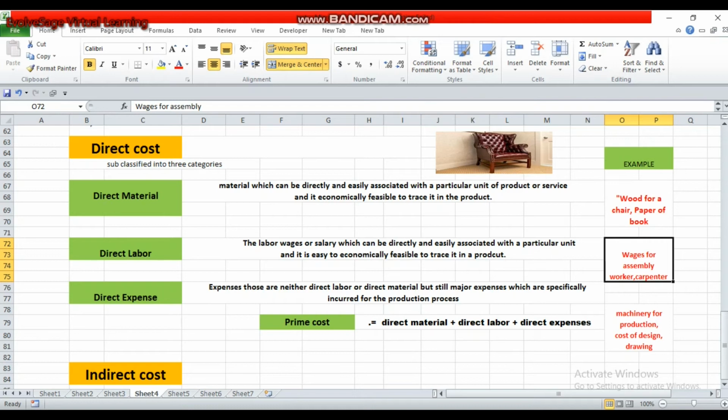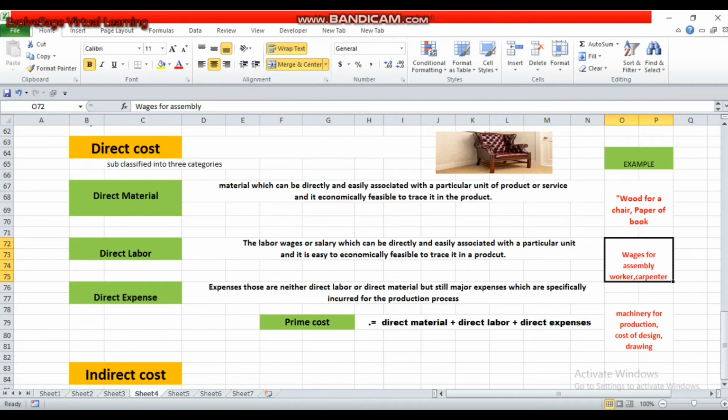Like, if we incur depreciation expense for a machine, that expense will be called a direct expense. Why? Because we incurred that expense during the production process, and it is an essential expense that we must incur. Without this expense, production cannot be possible.